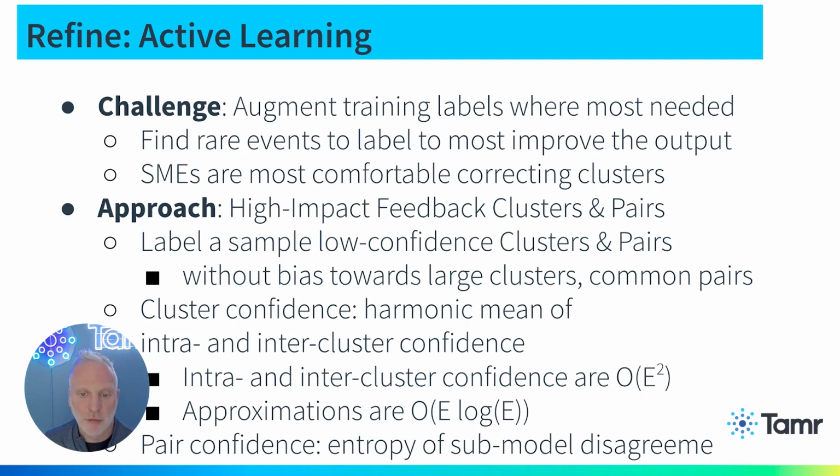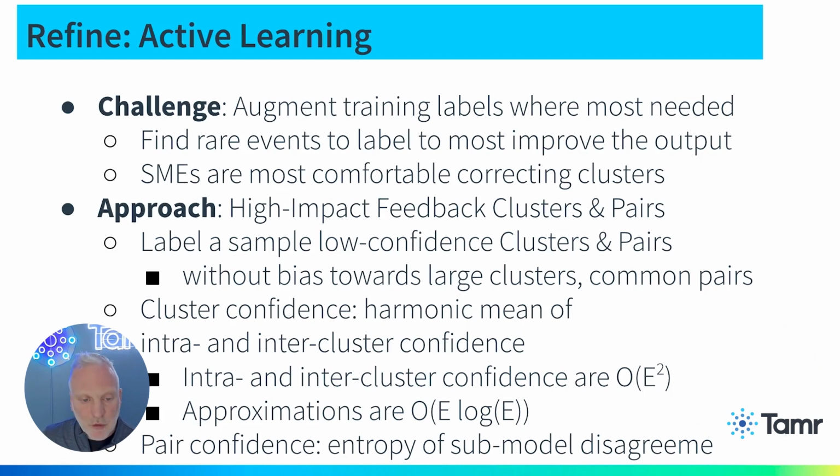We need to find these rare events and present them to the subject matter expert. One of the challenges here is that subject matter experts are most comfortable correcting clusters rather than pairs. So we want to present clusters to the subject matter experts and say, hey, all of these records represent the same entity? And if not, move the wrong ones out of the cluster into the proper entity.